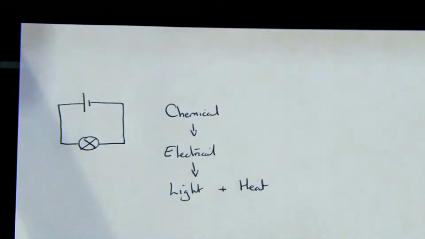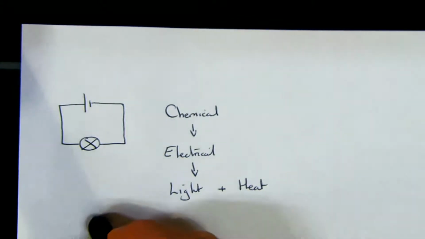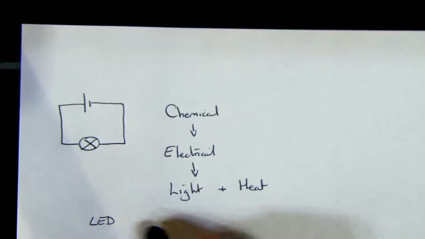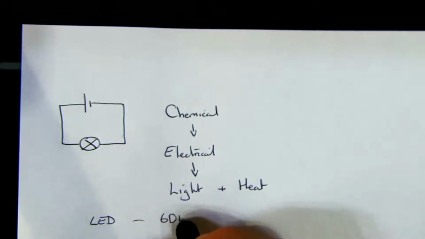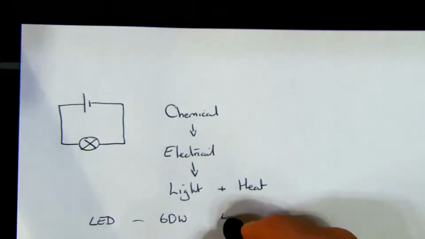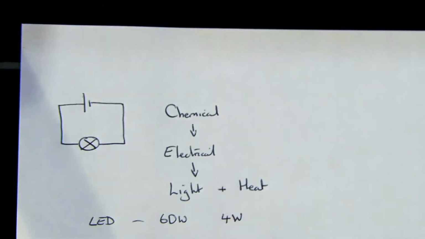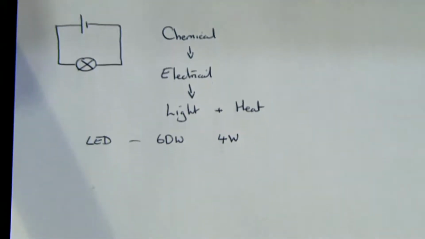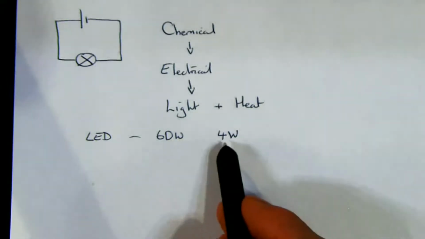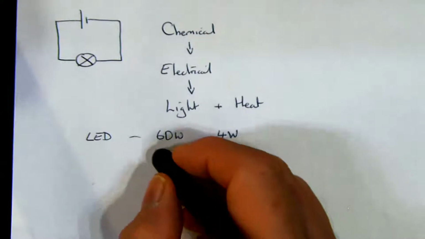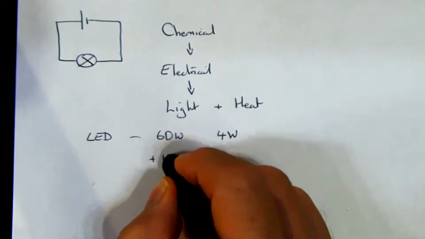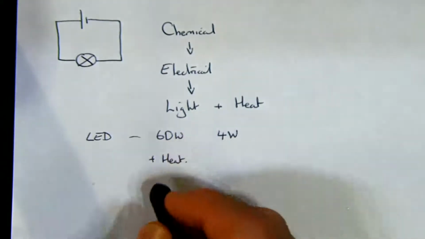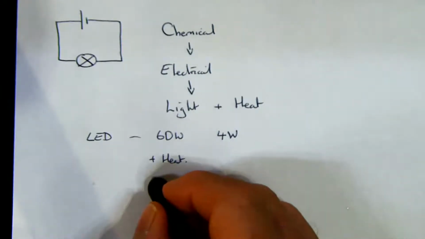I've converted all the lights in my house to LEDs, and I've noticed that instead of having a 60-watt light bulb, I can now get exactly the same amount of light out of a 4-watt light bulb. We have the same amount of light, but what we have in the 60-watt is a lot more heat, and this is simply wasted energy.